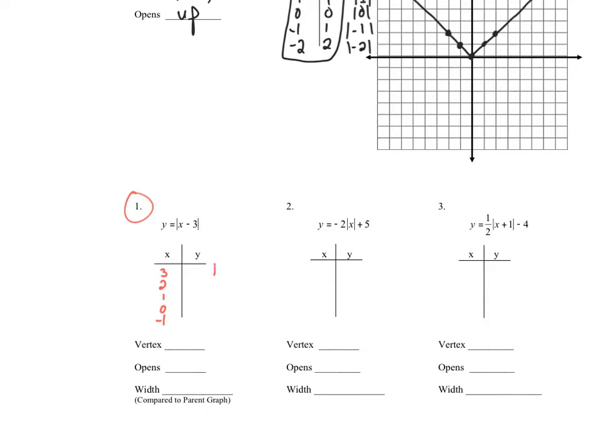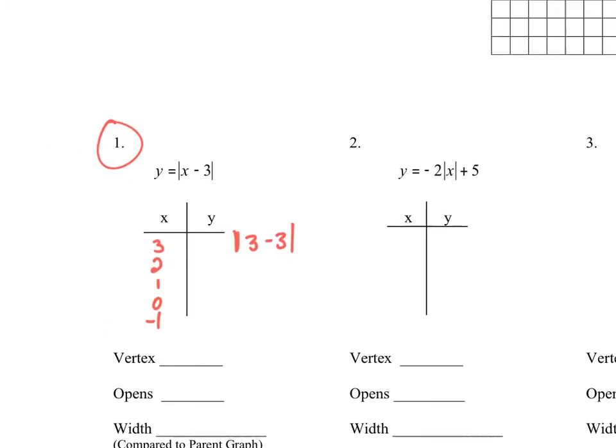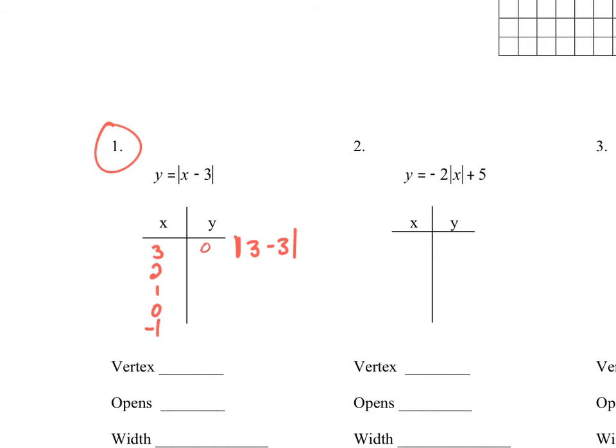So it's going to be the absolute value of 3 minus 3. So 3 minus 3 is 0. The absolute value of 0 is 0. Then we do the absolute value of 2 minus 3. 2 minus 3 is -1. The absolute value of -1 is 1.